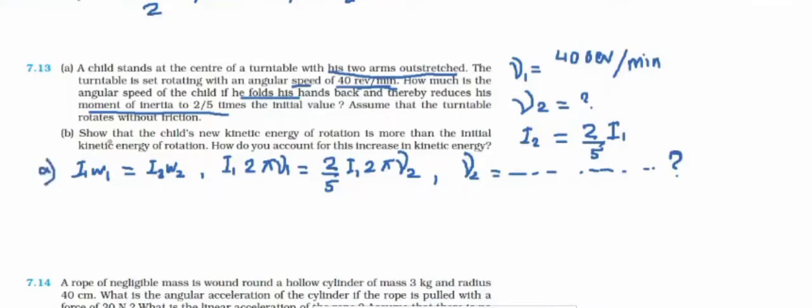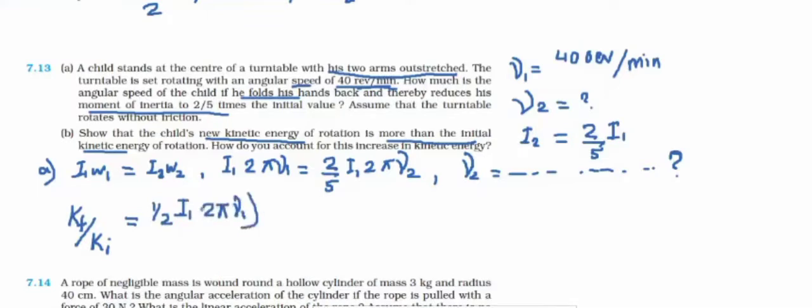Now come to part B. Show that the child's new kinetic energy, meaning final kinetic energy, is more than initial kinetic energy. You are asked to prove that. So we can take the ratio of final kinetic energy by initial kinetic energy. Final kinetic energy is half I2 into 2 pi nu 2 the whole square, divided by half I1 into 2 pi nu 1 the whole square.